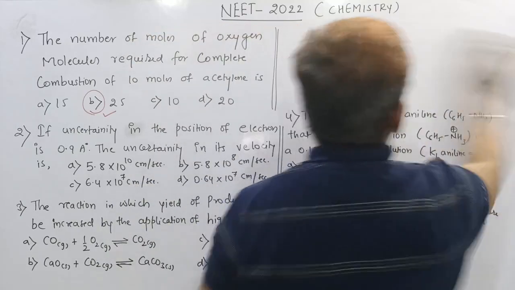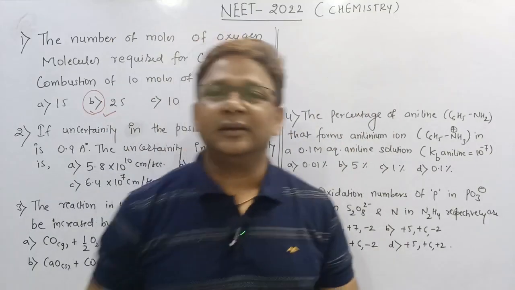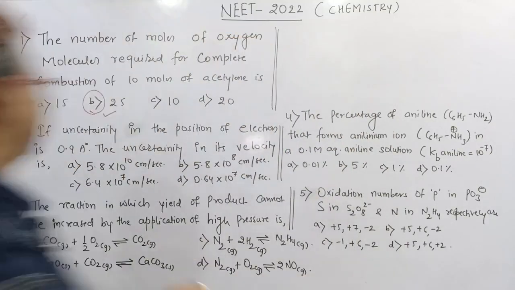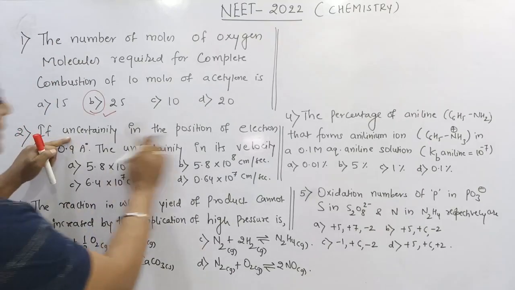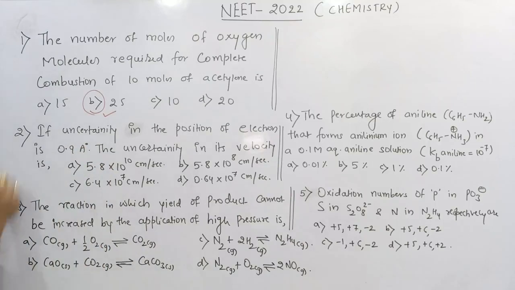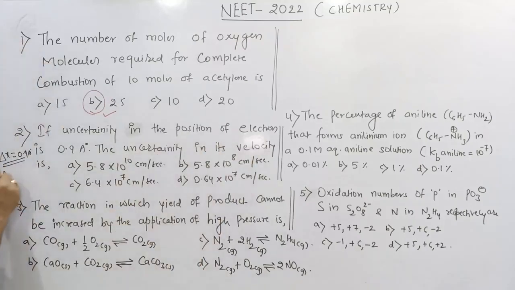Uncertainty principle means we know delta x into delta v equals h upon 4 pi m. Here they are asking, if the uncertainty in the position of the electron is 0.9 angstrom, means in this question they have given delta x equal to 0.9 angstrom. They are asking to find the uncertainty in the velocity, that is, the value of delta v.